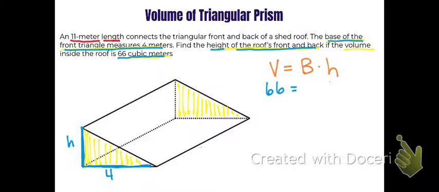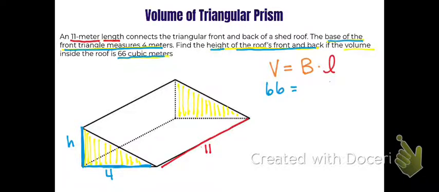All right, length. They're talking about the length of this shed. So this is one of those cases where they're calling this the length, not the height. So instead of h, let's just change that to L.